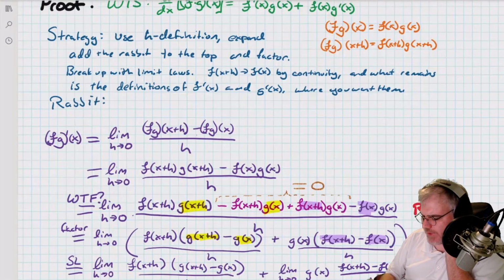And here's the rabbit: negative f of x plus h times g of x plus f of x plus h times g of x equals 0.